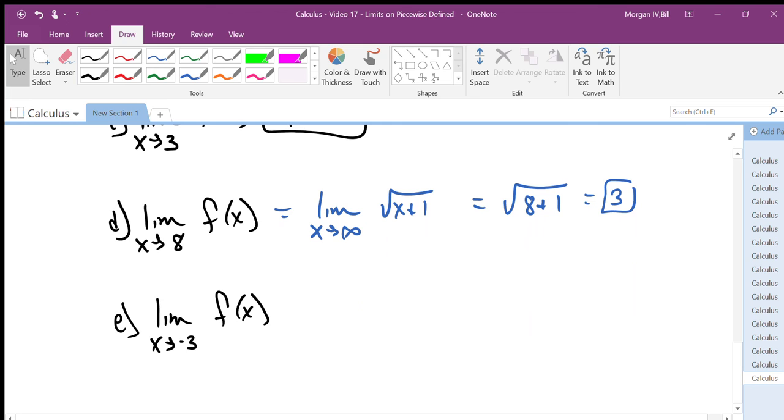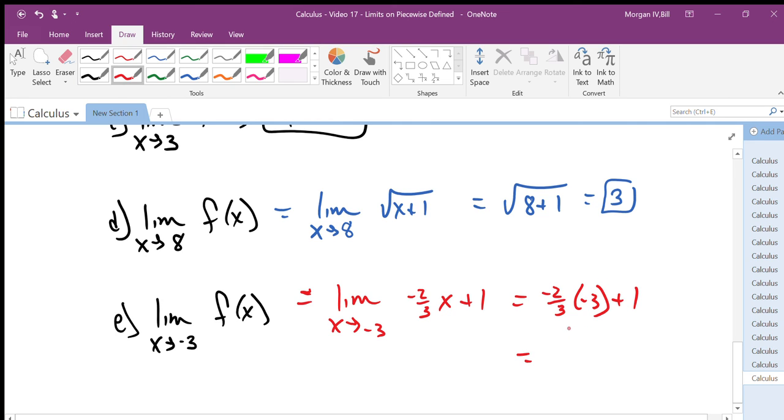So the limit as x goes to negative 3 of the function is the same as the limit as x goes to negative 3 of negative 2/3 x plus 1. I apologize, I just realized that I wrote infinity up here, and that should have been an 8. There we go. Plugging in the negative 3, that's negative 2/3 times negative 3 plus 1. That would be positive 2 plus 1, also 3.